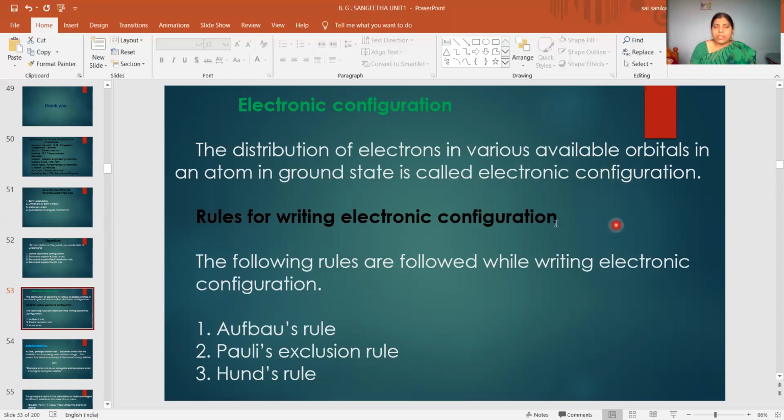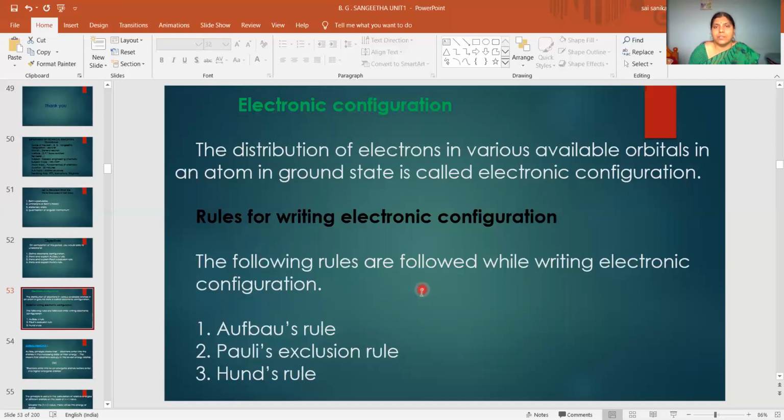Then, rules for writing electronic configuration. For each and every atom, electronic configuration will be there. To write this electronic configuration, you have to follow some rules. The following rules are followed while writing electronic configuration of an atom.